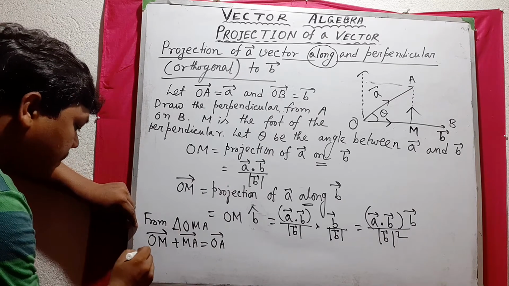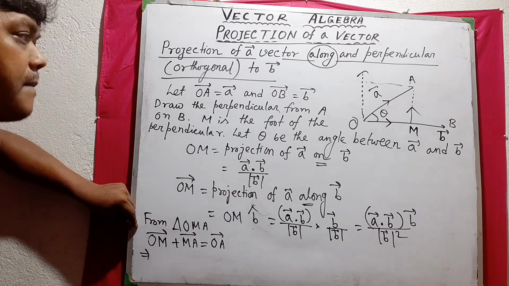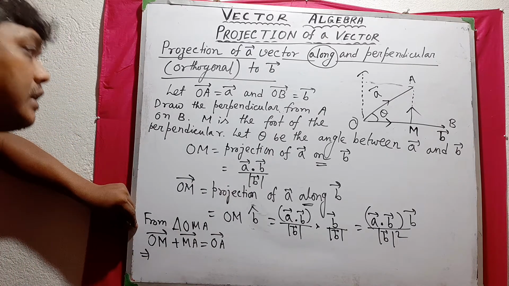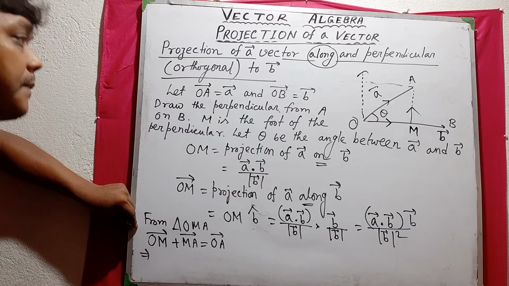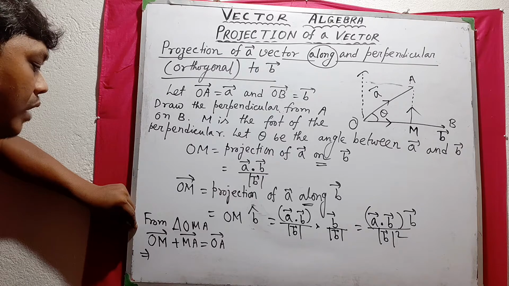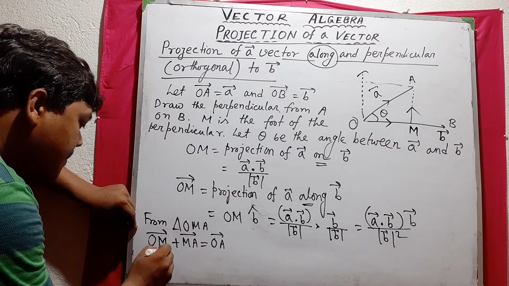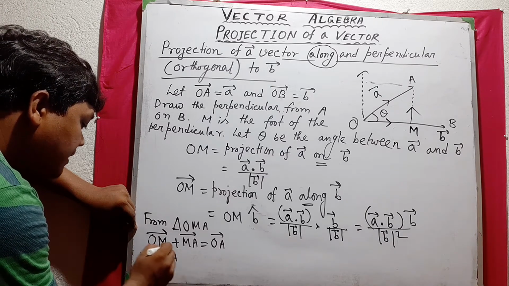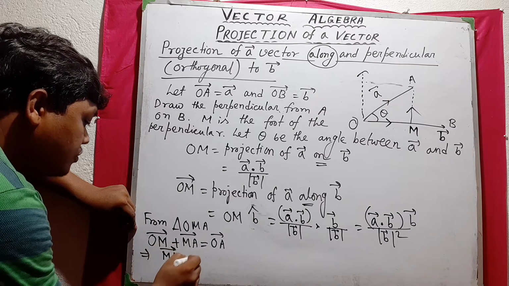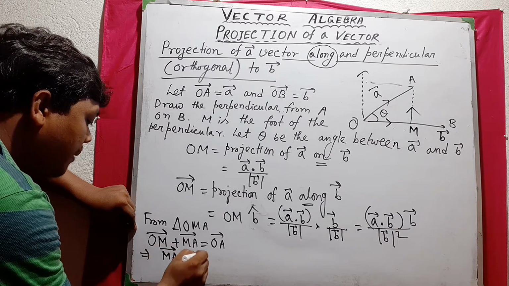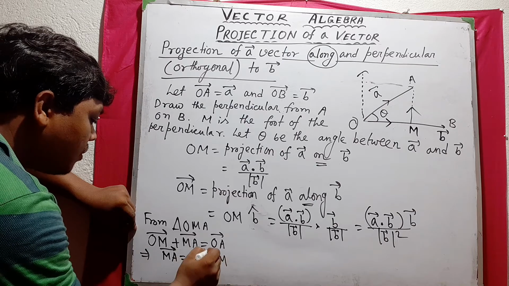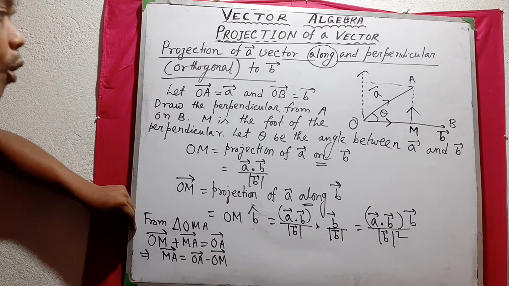So OM vector plus MA vector equals to OA vector. What is our goal? Our goal is that MA বার করা, that is MA vector equals to OA vector minus OM vector. What is my OA vector?